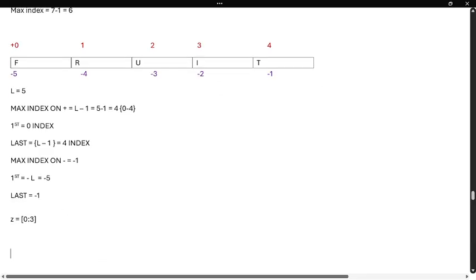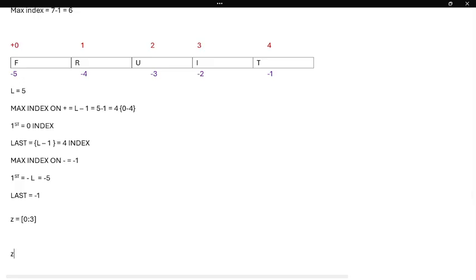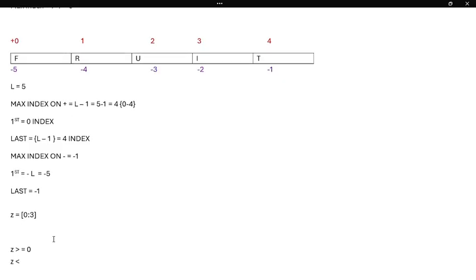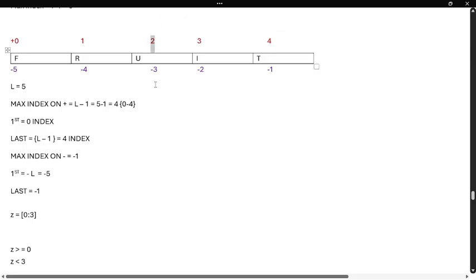Can't we say that Z is greater than or equal to 0, but at the same time Z is less than 3, because it is taking till here, meaning index of 2 only?